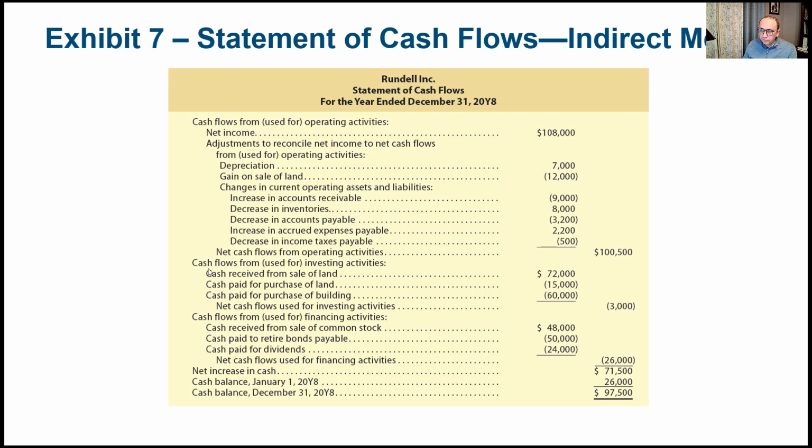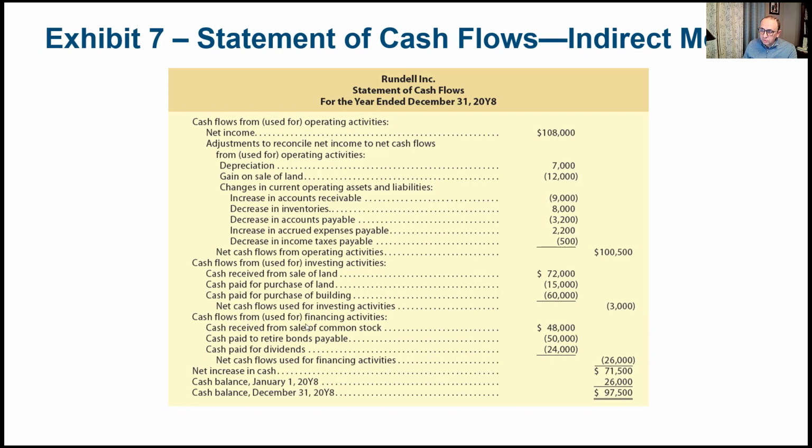Then we have a section for the cash flow from investing activities. We have cash received from sale of land, and that's a positive number. Then cash paid for purchase of land, which is a negative number. And then cash paid for purchase of building, also a negative number. We add them, and we can see here it's a net cash outflow, or in other words, cash flow used for investing activities.